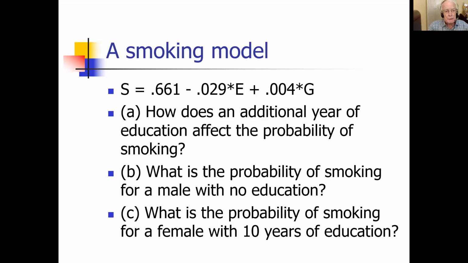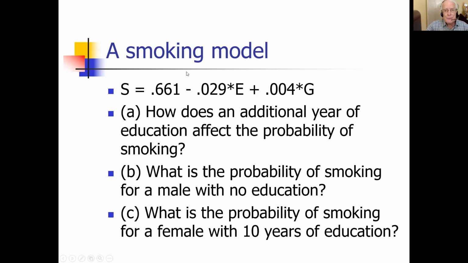Second, what is the probability of smoking for a male with no education? Well, remember that we set the gender variable G equal to 0 for a male, so this will fall out. Also, the term that depends on education will also fall out because we are setting E equal to 0.